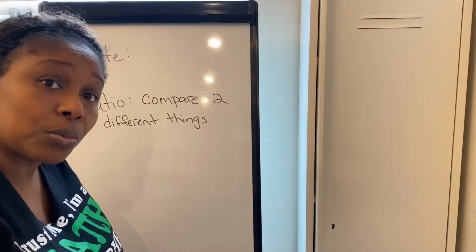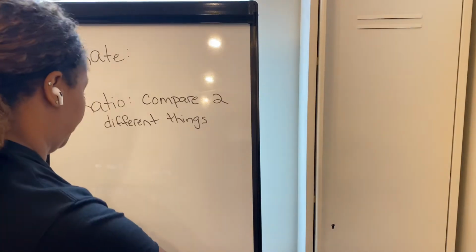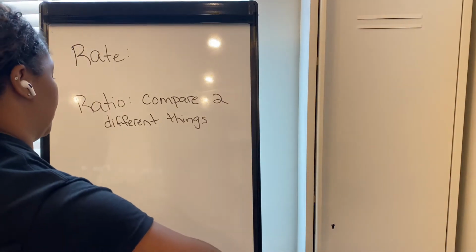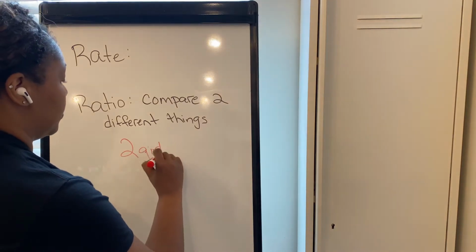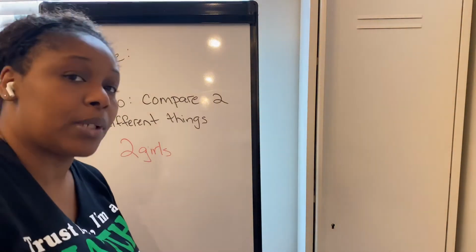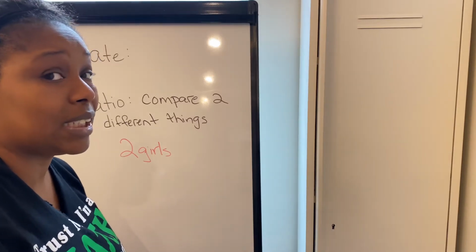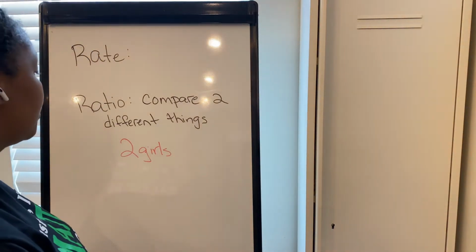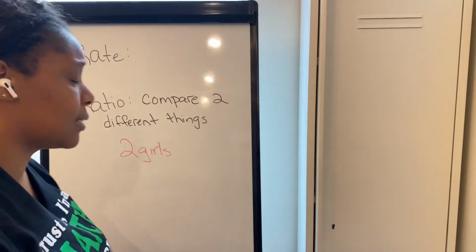In our classroom right now, we have 2 girls. So we have 2 girls. And how many boys do we have? It's probably about 17. Because I think we have 19. I think there's 19 of us in our class.